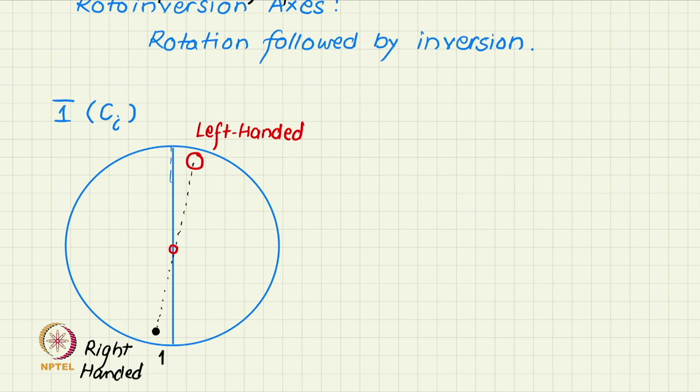So, the black represents the identity operation, whereas the red circle represents the inversion operation. So, this group 1 bar has only two operations, 1 and 1 bar.